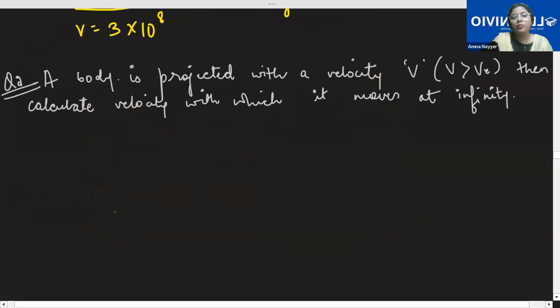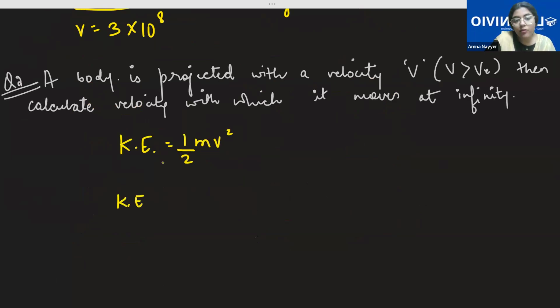See, this says the body is projected with a velocity v, which is greater than the escape velocity. You have to find out the velocity with which it moves at infinity. See, initially, what will be the kinetic energy? Half mv square. Finally, what will be the kinetic energy? Half mv_e square, because it has escaped, right?